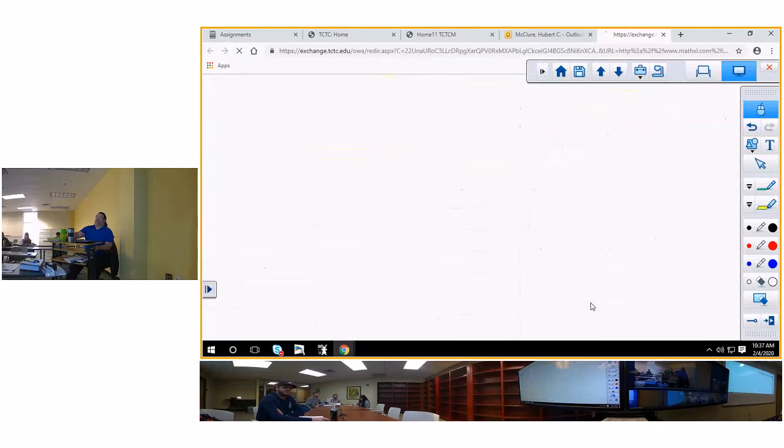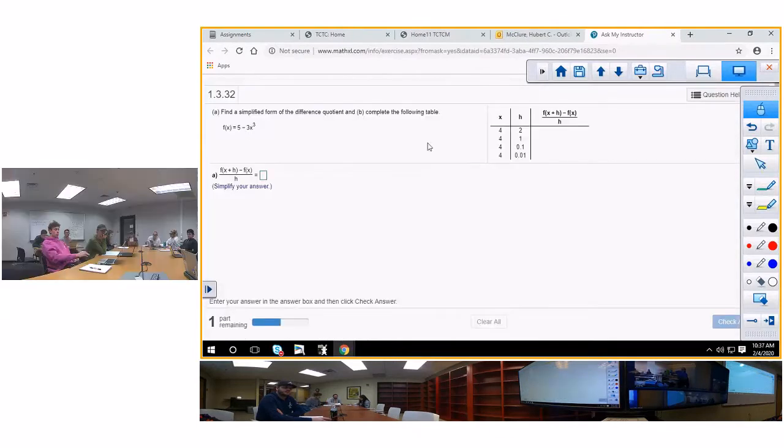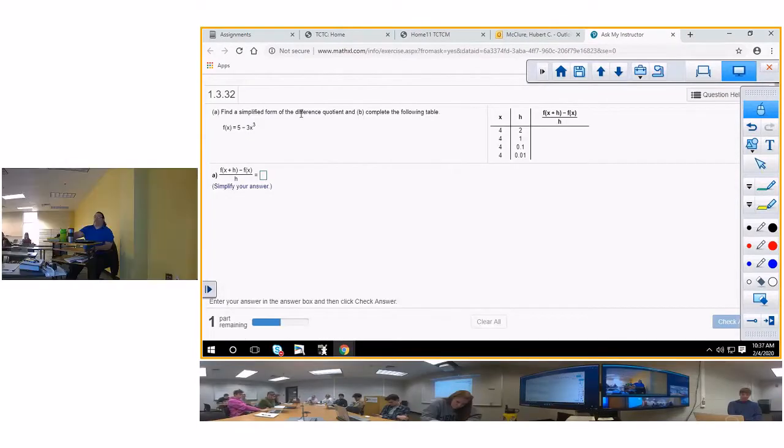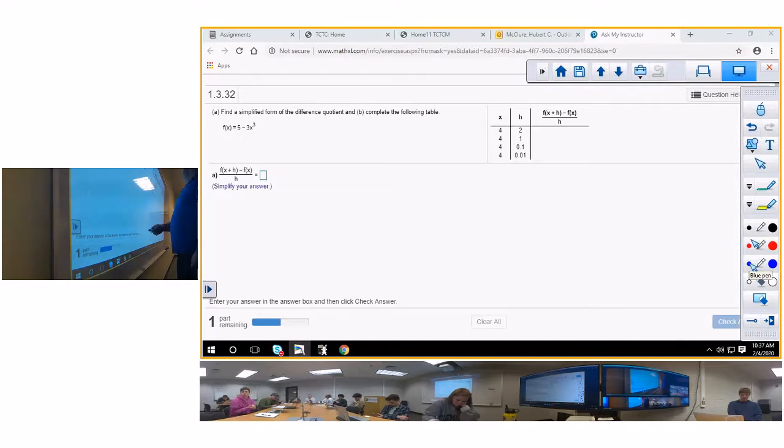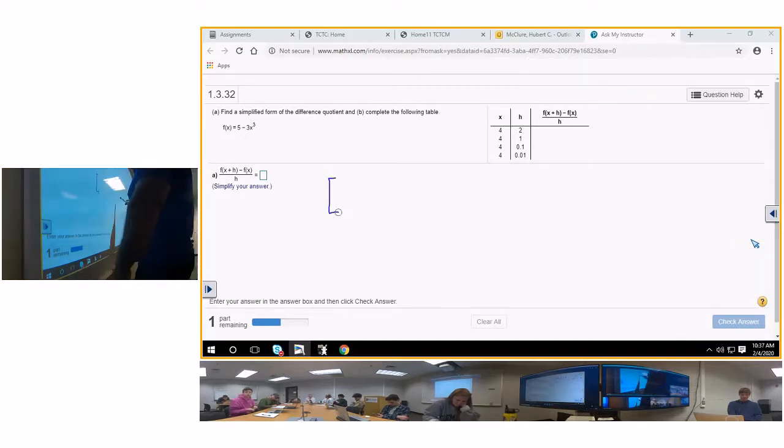All right, this is 1.332/7. Find the simplified form of the difference quotient and complete the following. Okay, we're just going to do the difference quotient. I guess they want you to plug something in, but I'm going to go ahead and do the difference quotient because that is what I'm going to test you on. I really don't care if you can plug in numbers. So let me use my blue marker. That's what I always do. So I'm going to put brackets right here.